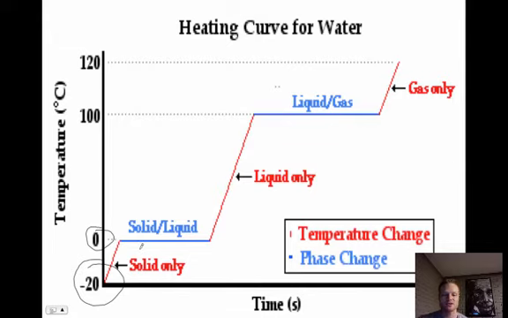You'll notice what's interesting is that for a period of time, the curve flatlines. Why is that? Until all of the ice has melted into a liquid, the temperature does not change.